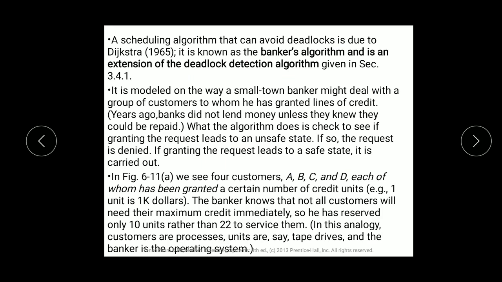So it's just a basic comparison between a banker who is running that bank and the actual algorithm of deadlock. Suppose this bank is a small town bank, not a multinational or an international bank, it's a normal small town city bank in which that banker is lending money to the customers or a group of customers, that is in credit, meaning as a part of loan.